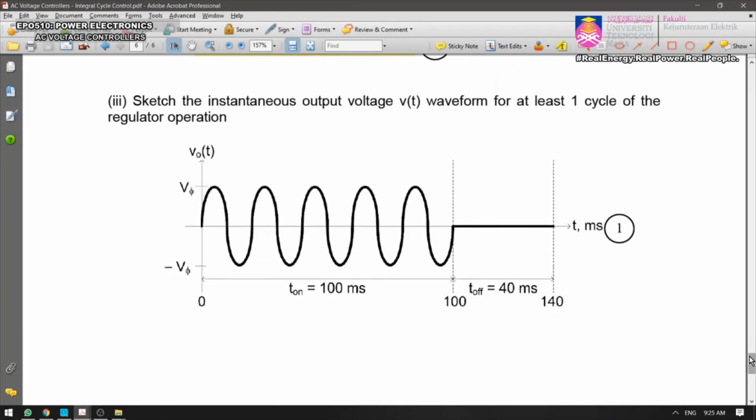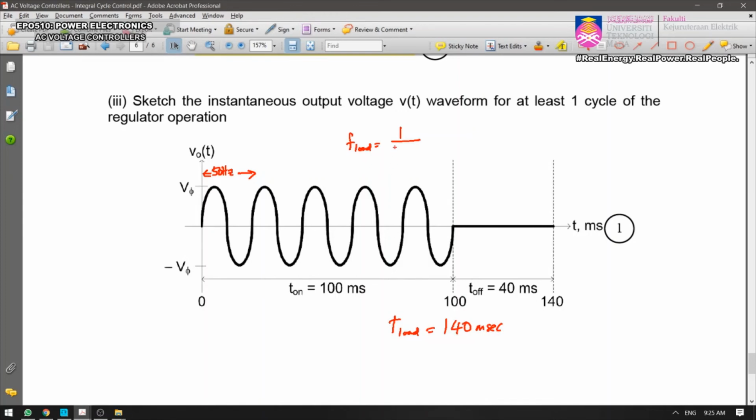So this will be the output voltage waveform. Again, I'm going to stress that this is 50 Hertz, from there to there. And you have to find F load equals 1 over T load, so T load will be equal to 140 milliseconds, isn't it?